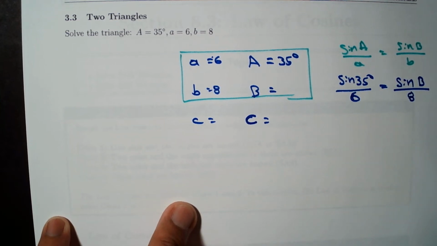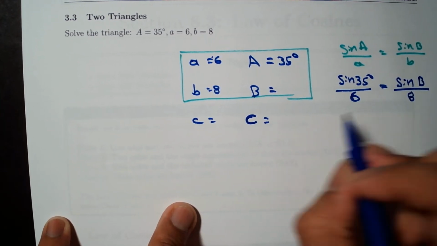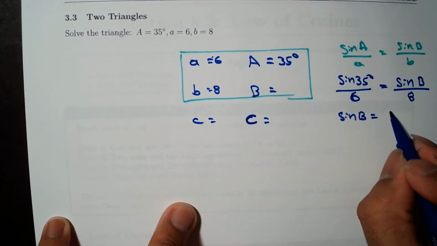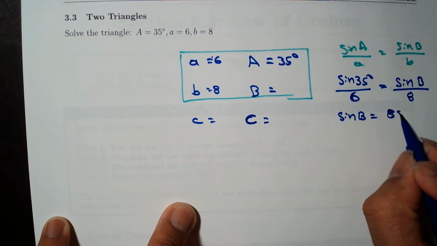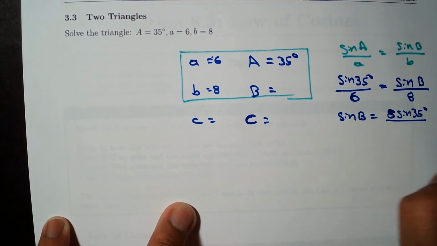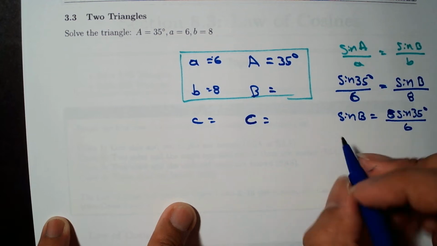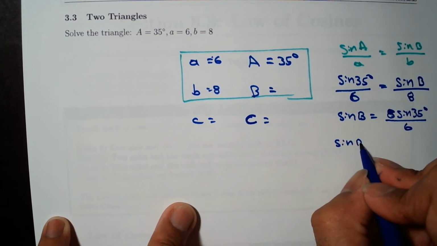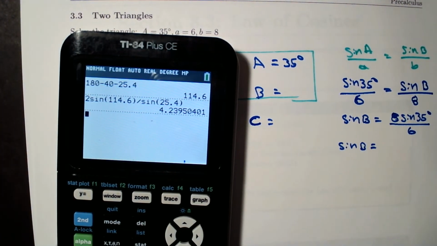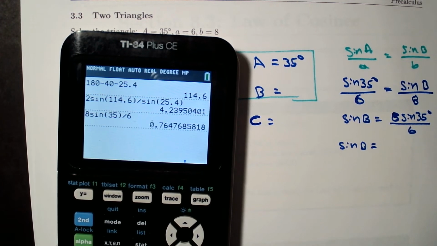Okay, so let's solve. So sine B equals 8 sine 35 degrees over 6. Sine of B will be then, okay, let's use the graphing calculator for this, 8 sine 35 over 6, and I'm going to get 0.76.